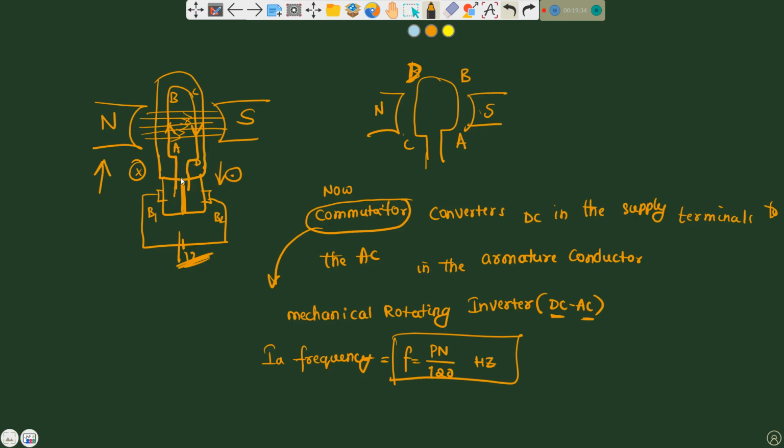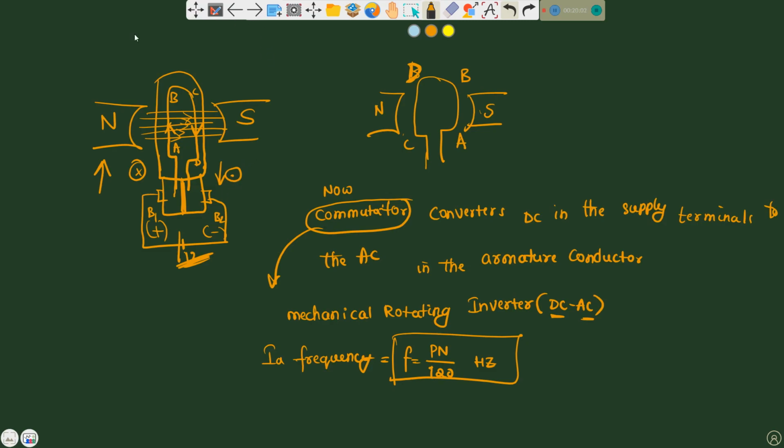Brush B1 is positive polarity, and brush B2 will be negative polarity. So it maintains cross in the conductor under the north pole, correct, and dot under the south pole. Therefore, AC supply in armature conductors and torque is unidirectional torque.